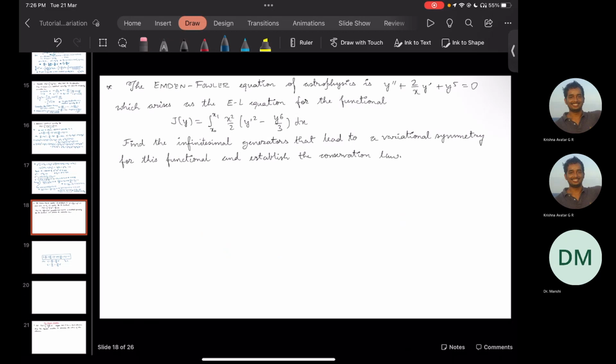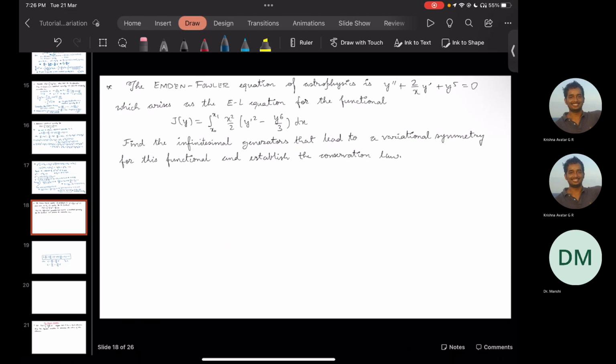Now in this problem, what we are required to do is: the Emden-Fowler equation of astrophysics is y double prime plus 2 by x y prime plus y to the power 5 is equal to 0.